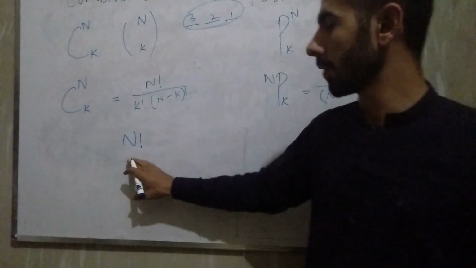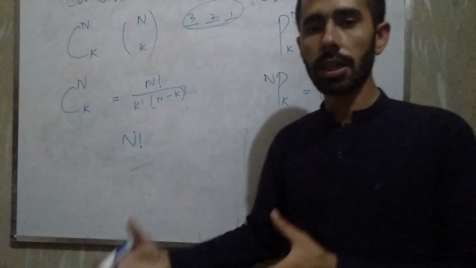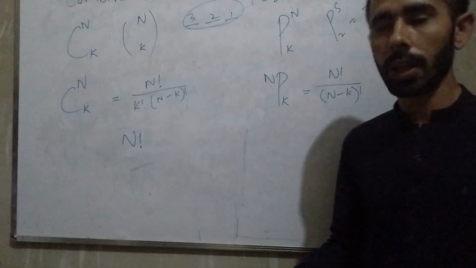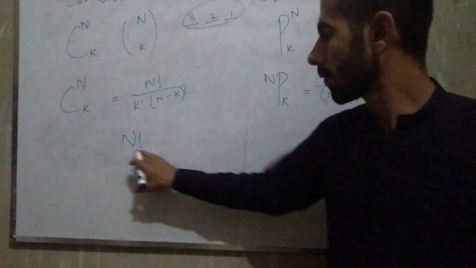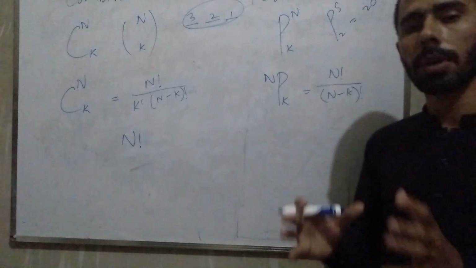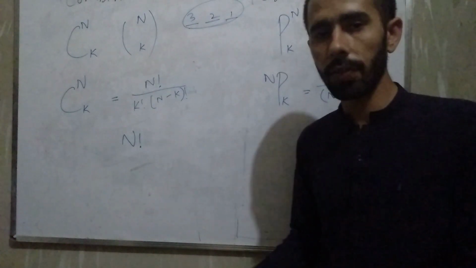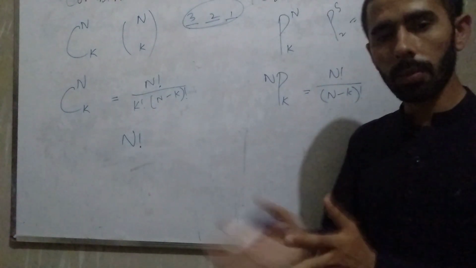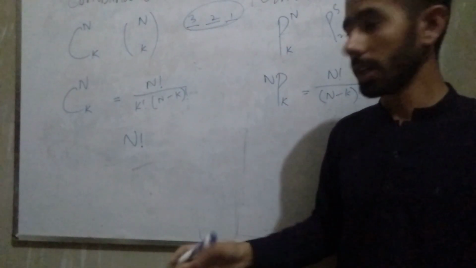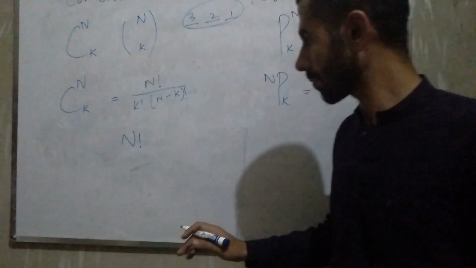It means if, say, I am arranging some 100 people on 100 chairs, then when I'm writing n factorial or 100 factorial, it means I'm arranging all the 100 people on all available 100 chairs. So whatever the possibilities are, there are n factorial or 100 factorial possibilities.